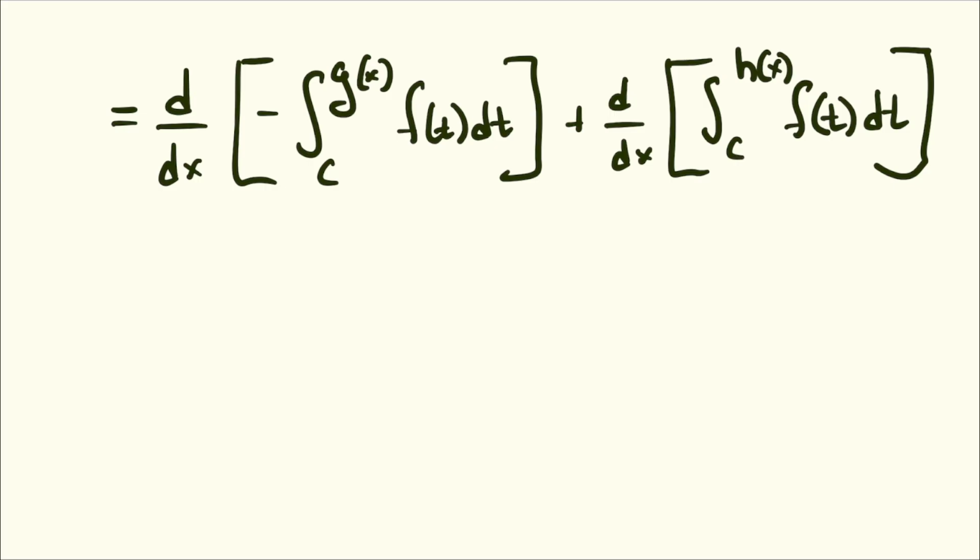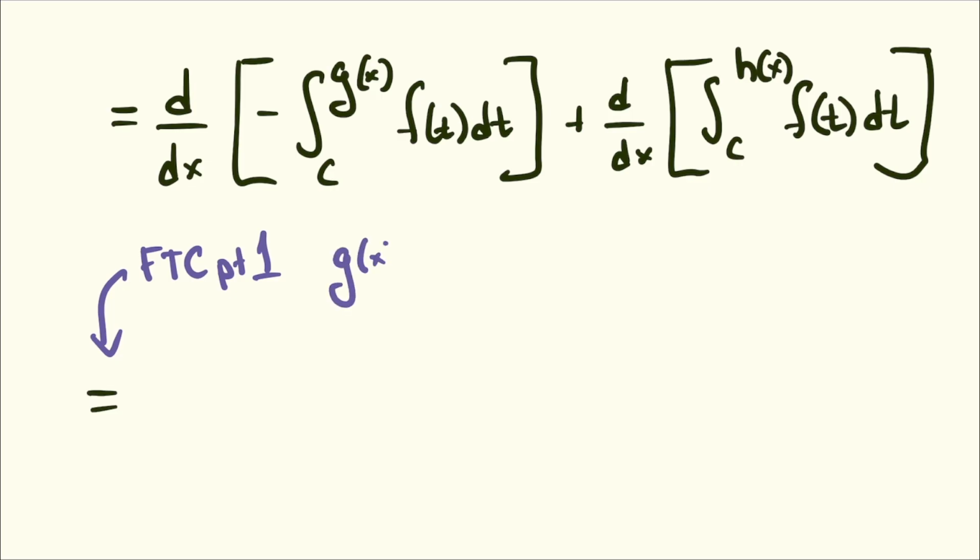All right, last thing that we are going to do is we are actually going to be using FTC Part 1. So this is the fundamental theorem of calculus, part 1. It depends on both the fact that g and h are differentiable, as well as the fact that we have a continuous function in f.